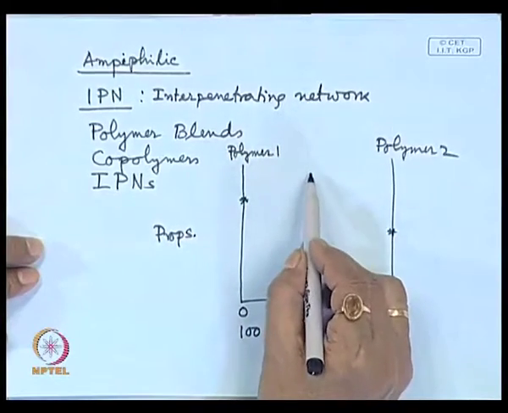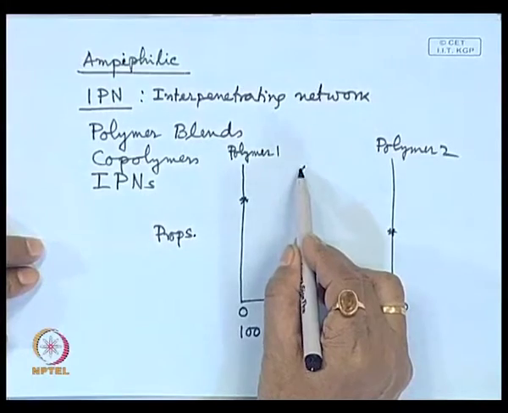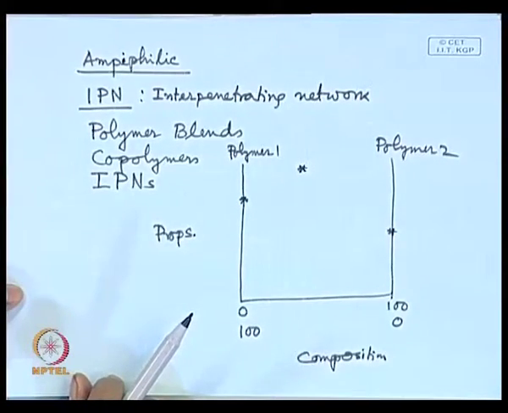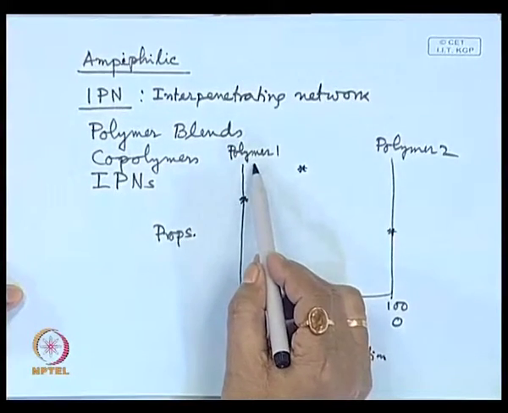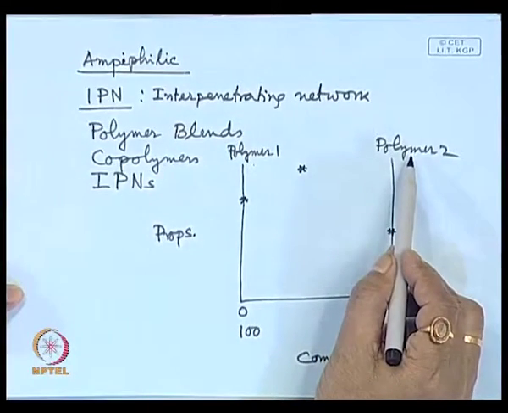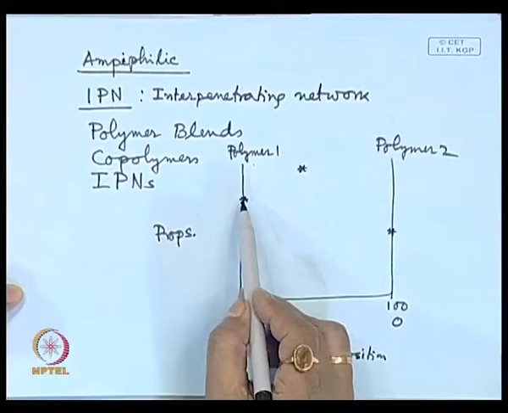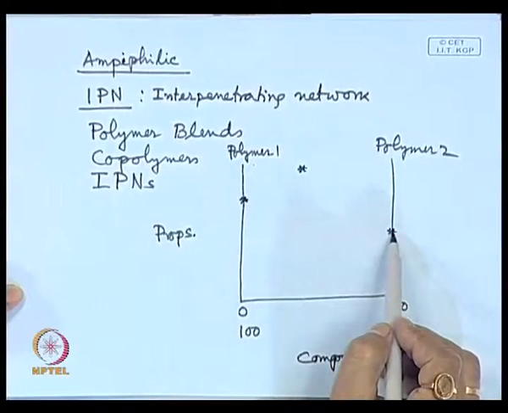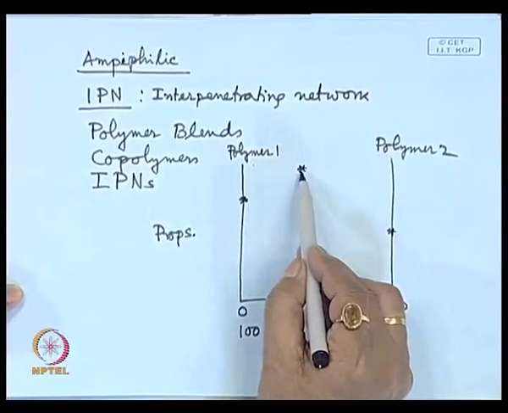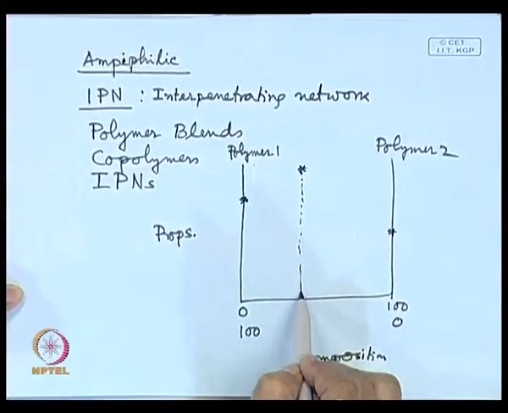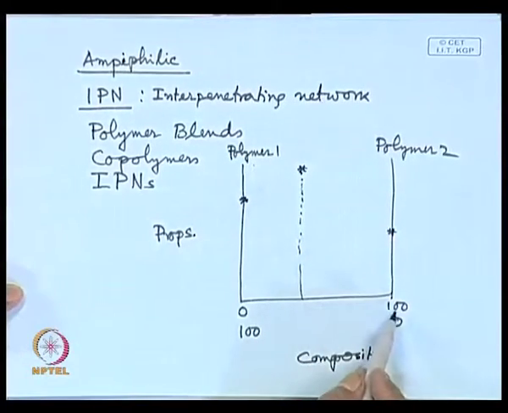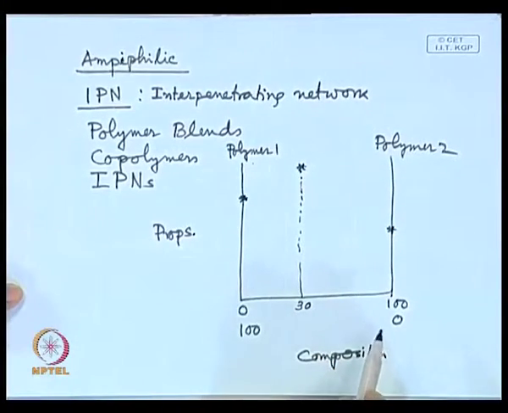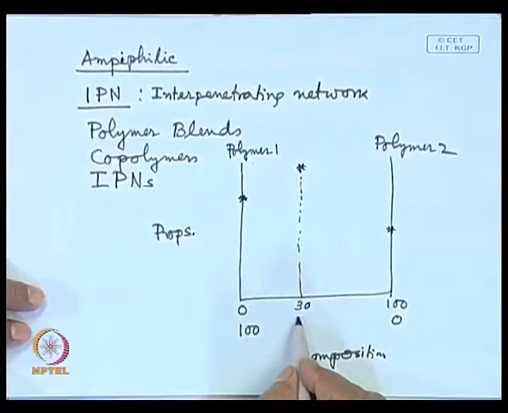Now, sometimes we may need a property up to this extent, but if I use either polymer 1 or polymer 2, it is not possible, because polymer 1 has a limitation up to this level and polymer 2 has a limitation up to this level. So, what you have to do, you see here, polymer 2 is suppose 30 and polymer 1 is 70.